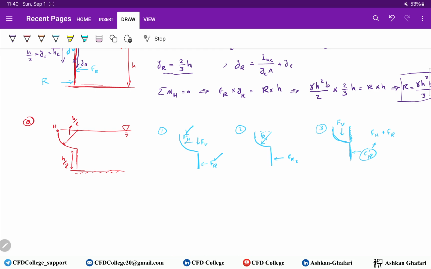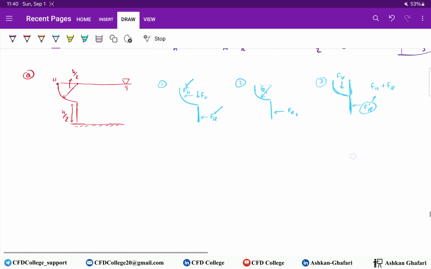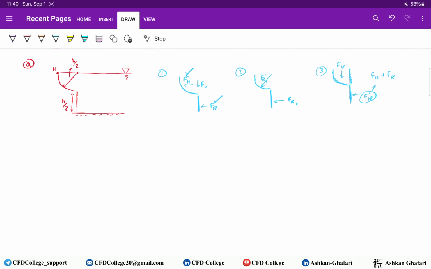This is what I'm going to do according to the solution manual. So we move on with the third method. So it seems that we have this gate.